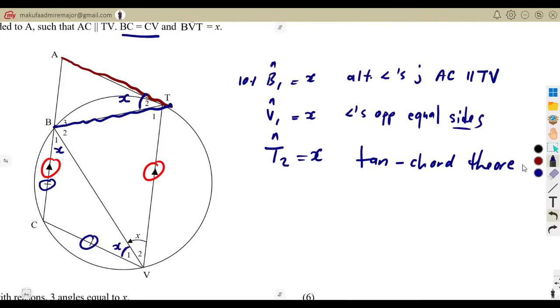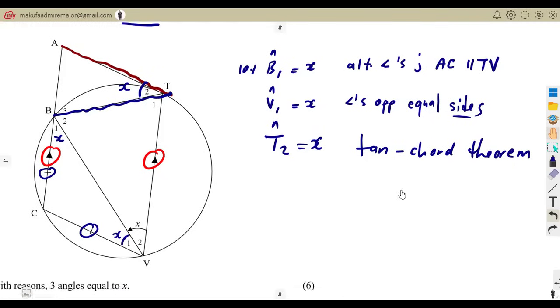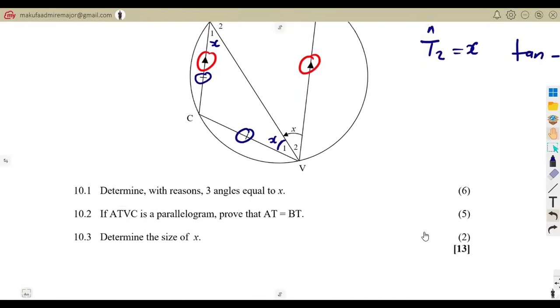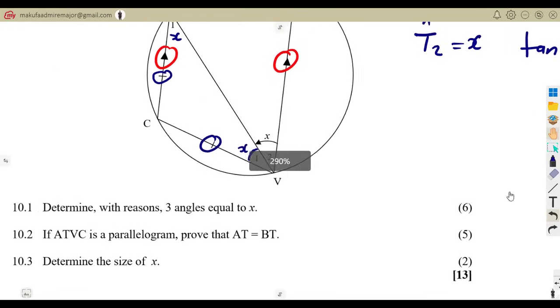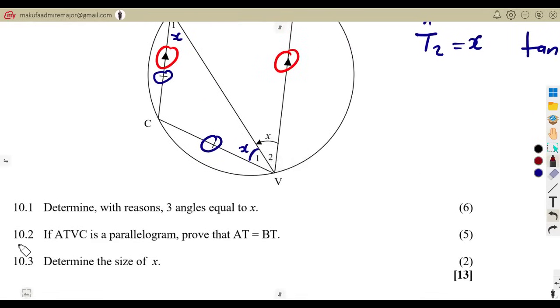All right, so that is it. For 6 marks, it was fine. So this is what we have. And 10.2, if ATVC is a parallelogram, prove that AT is equal to BT.